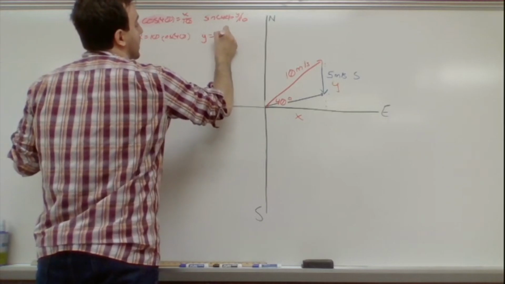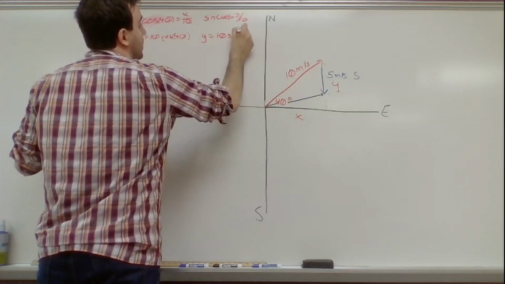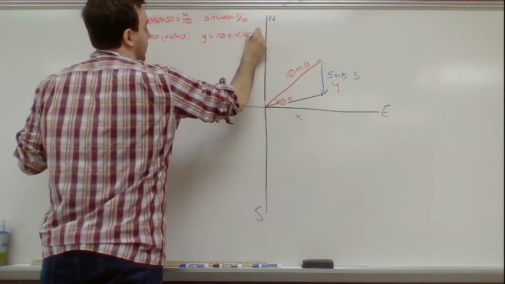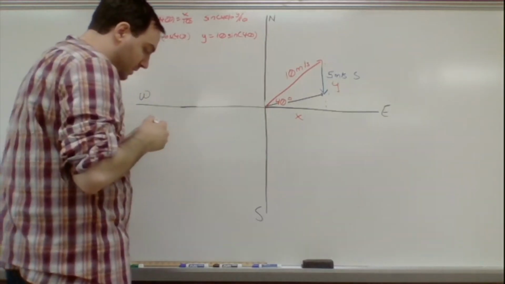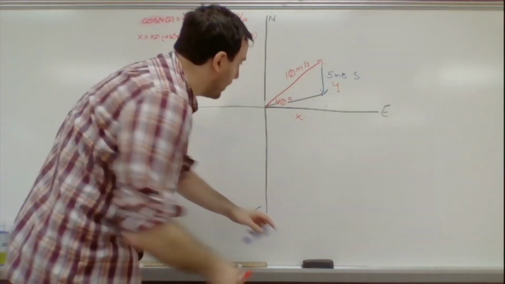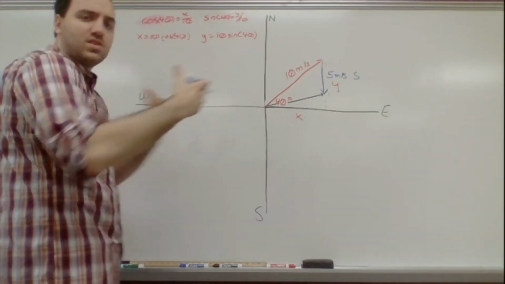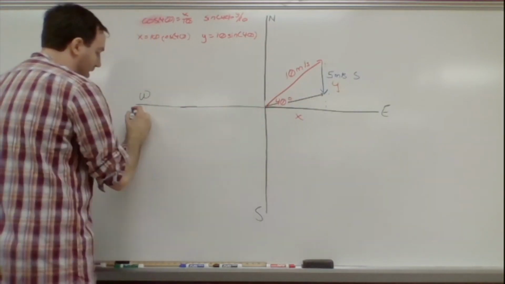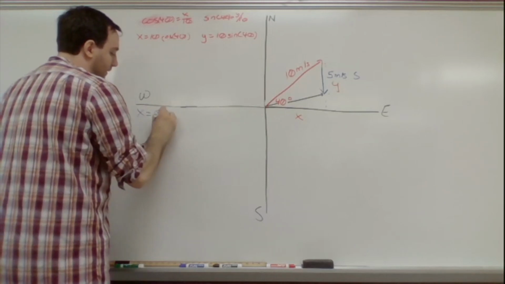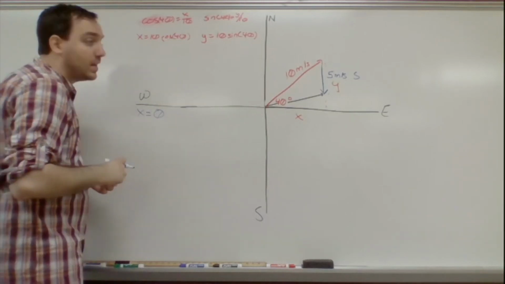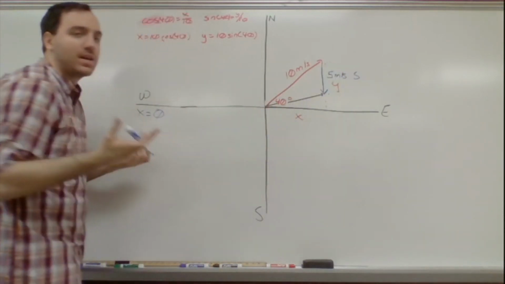Y equals 10 sine 40. As for the blue vector, which is 5 meters per second south, there's no x, there's no left, right. So x equals 0, because it doesn't move left, right at all, so my x component is just 0.